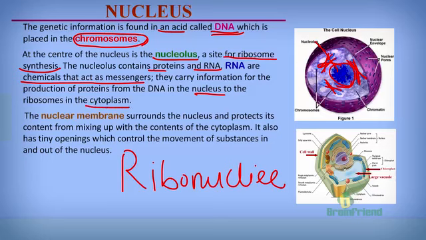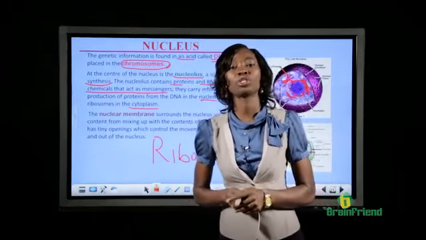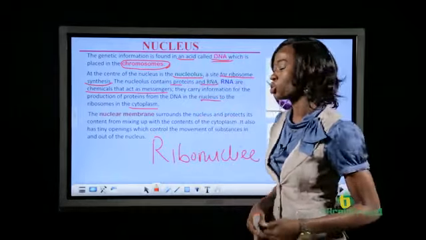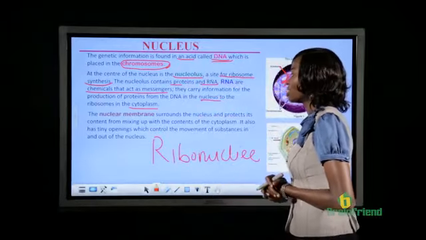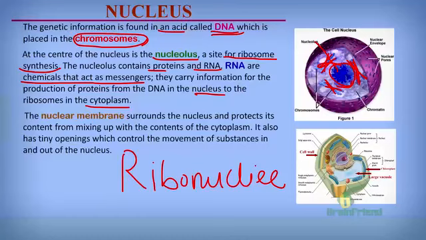What kind of information does it carry? It carries information for the manufacture of proteins from the nucleus to the cytoplasm, where ribosomes are found. So simply, the RNA are the messengers that take information to the ribosomes for the manufacture of proteins. So don't forget, RNA are found in the nucleus.